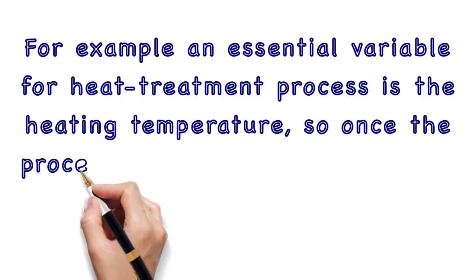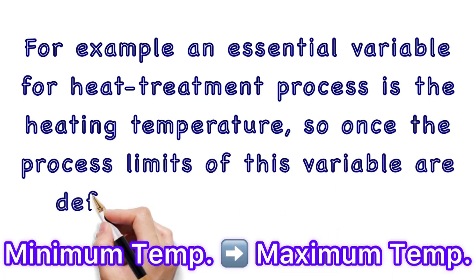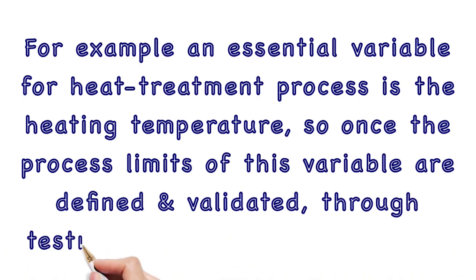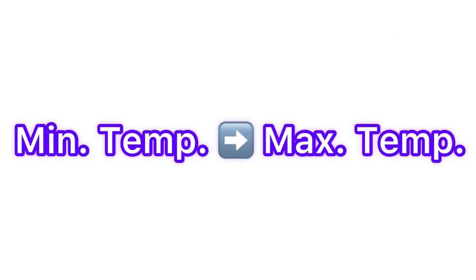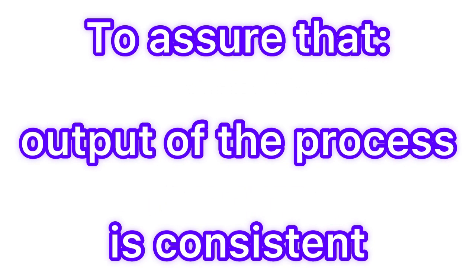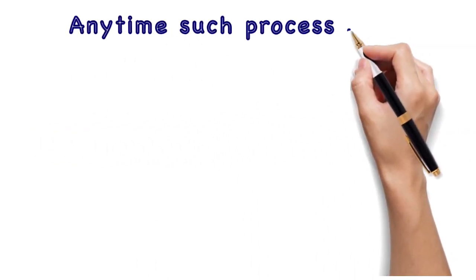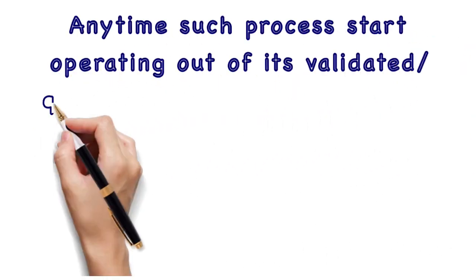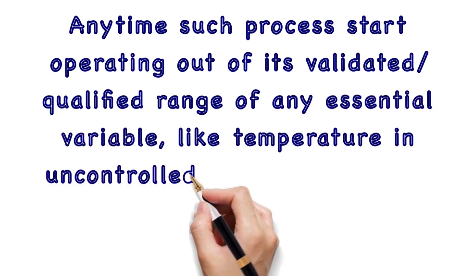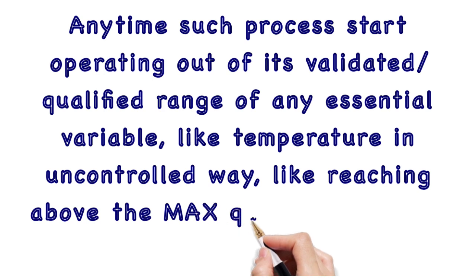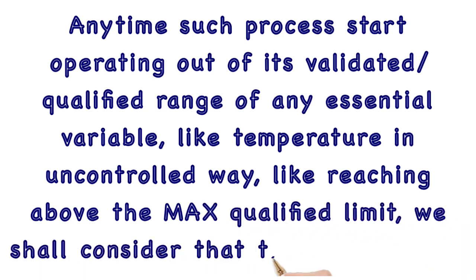So once the process limits of this variable are defined and validated through testing to deliver the target properties, we need now to maintain the same range throughout the production process after validation to assure that the output of this process is consistent. So in this case, anytime such a process starts operating out of its validated qualified range of any essential variable like temperature in this case, in an uncontrolled way, like reaching above the maximum qualified limit, we shall consider that this is a problem.